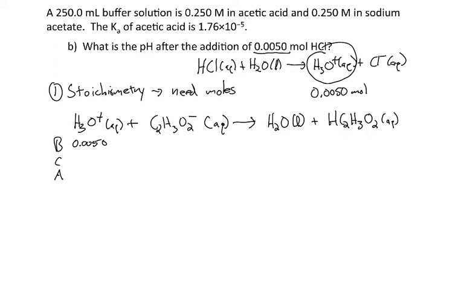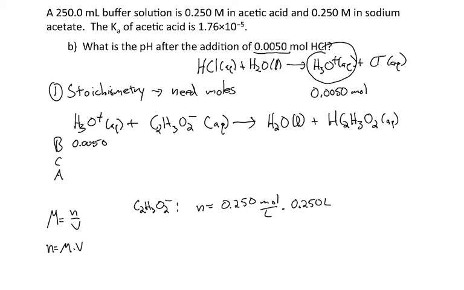And so I can do that using that molarity is moles over volume. And we were given the volume of the solution. We were given the concentration of our buffer components. So I should then be able to use that the moles is equal to the molarity times the volume for both the acetic acid and the acetate. So for the acetate, the moles are equal to the concentration times the volume.